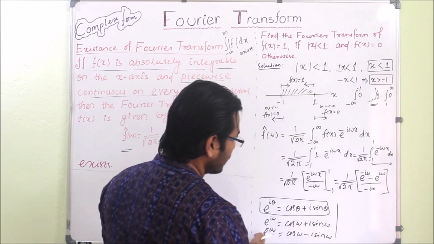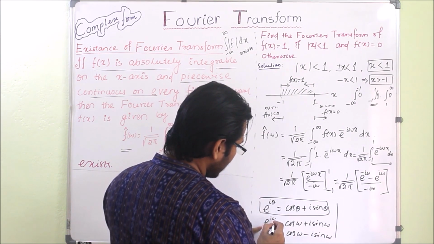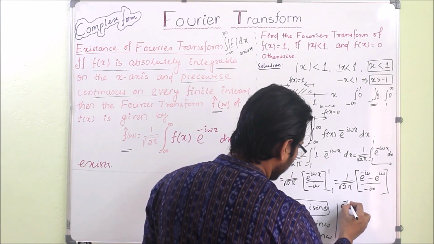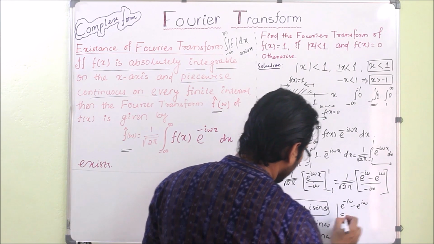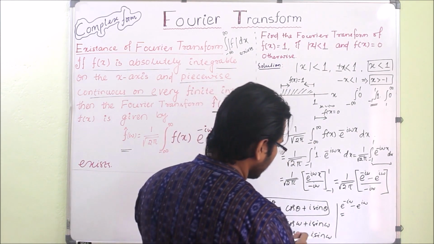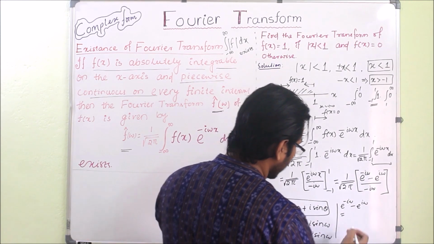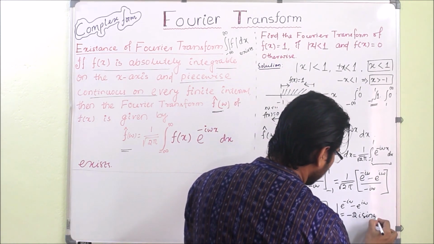Now what will happen if I subtract e to the power iw from e to the power minus iw? Then e to the power minus iw minus e to the power iw: the cos will cancel, so it will be 0, but minus sin w times i will come twice, so it will be minus 2i sin w.